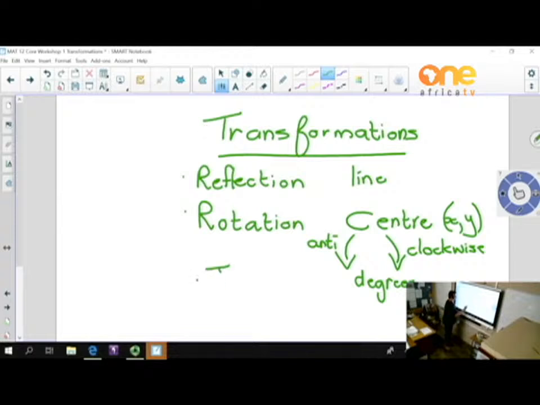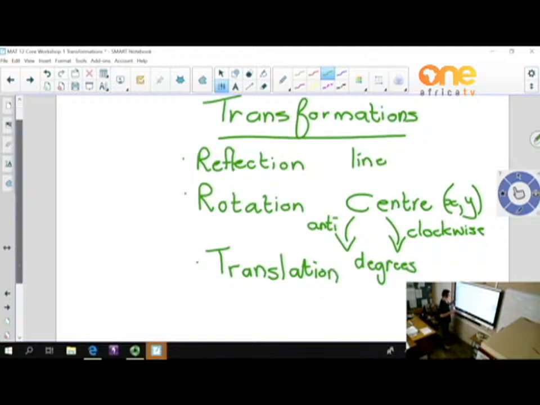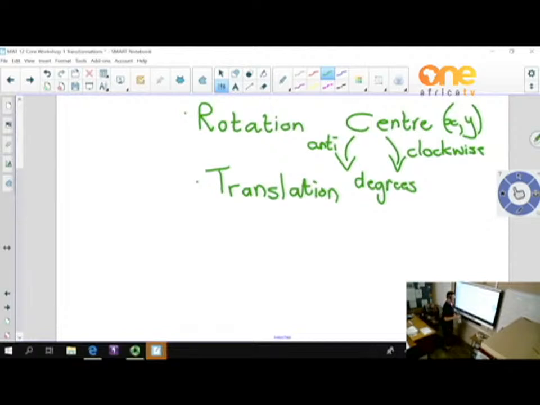The next one is a translation. And a translation is like when you play chess. You slide it in a certain direction. We do a translation with a column vector. We use here the column vector, and it is x over y.